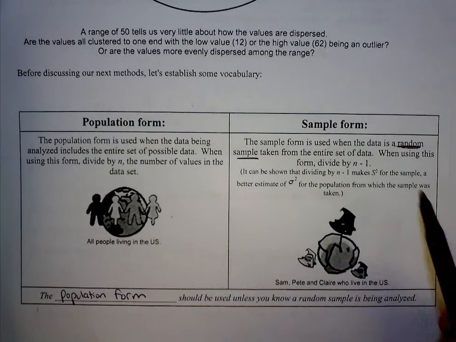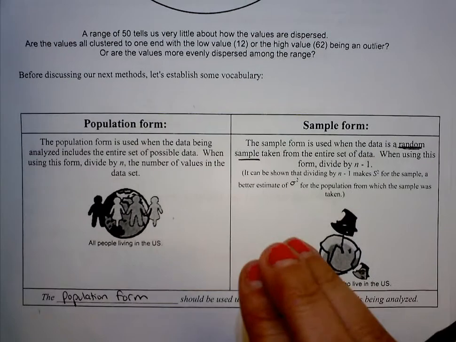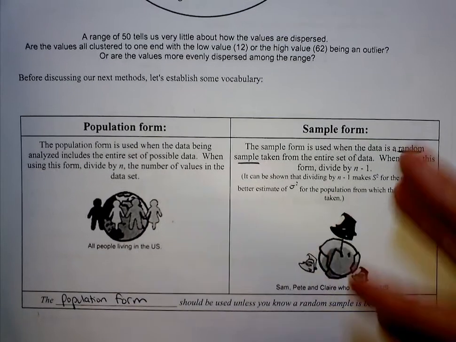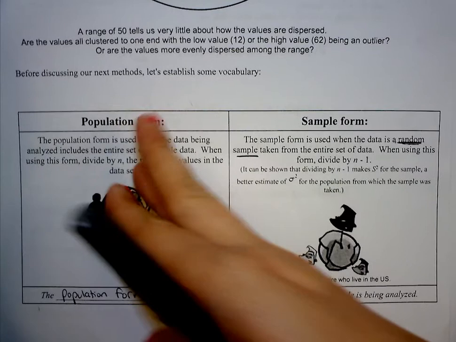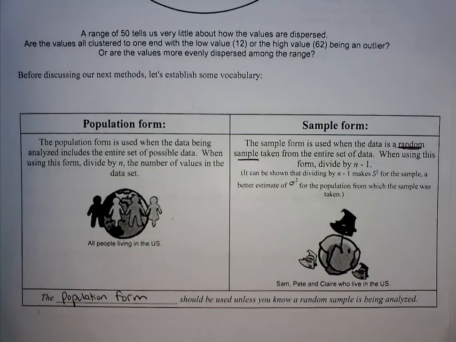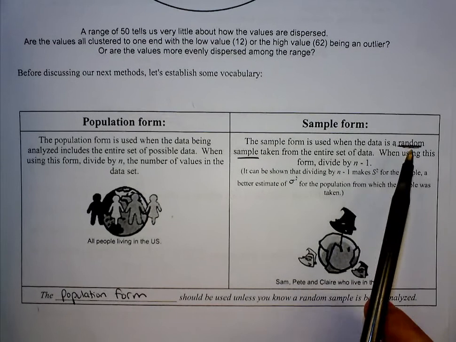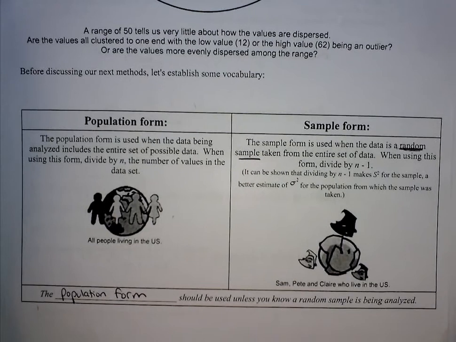So that means you just take a random sample from people in the United States, and you can make inferences that, well, because my sample said this, that means that the entire population will also have that same trend. Yes, it is an estimate, but it's a pretty good estimate as long as you don't have any bias, as long as your choices are random and they have a wide range of types of people.